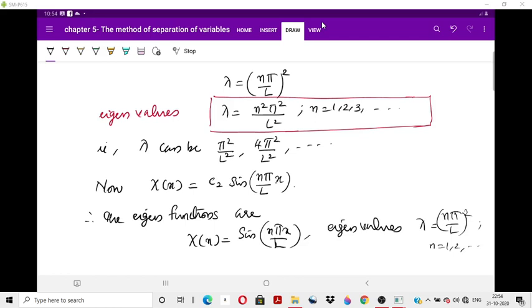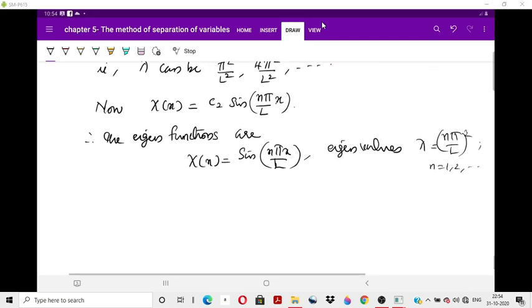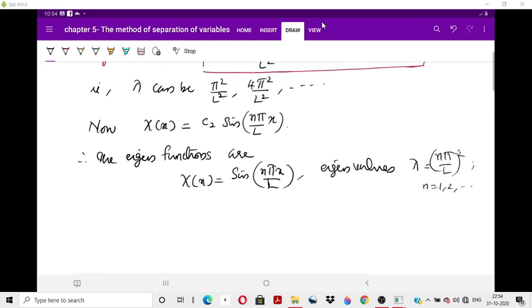Now, the set of all solutions of this problem 5 and 7 is an infinite sequence of eigenfunctions, each associated with a positive eigenvalue.